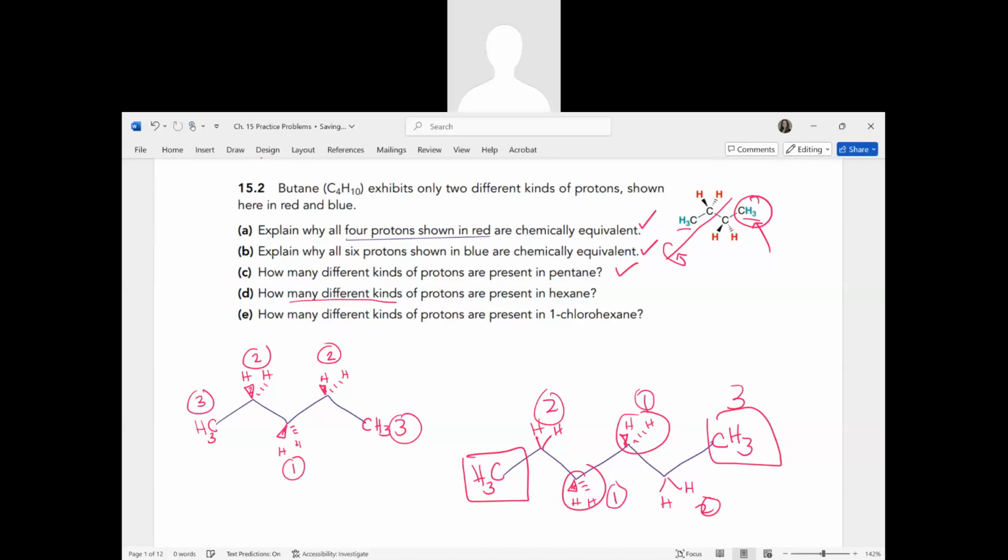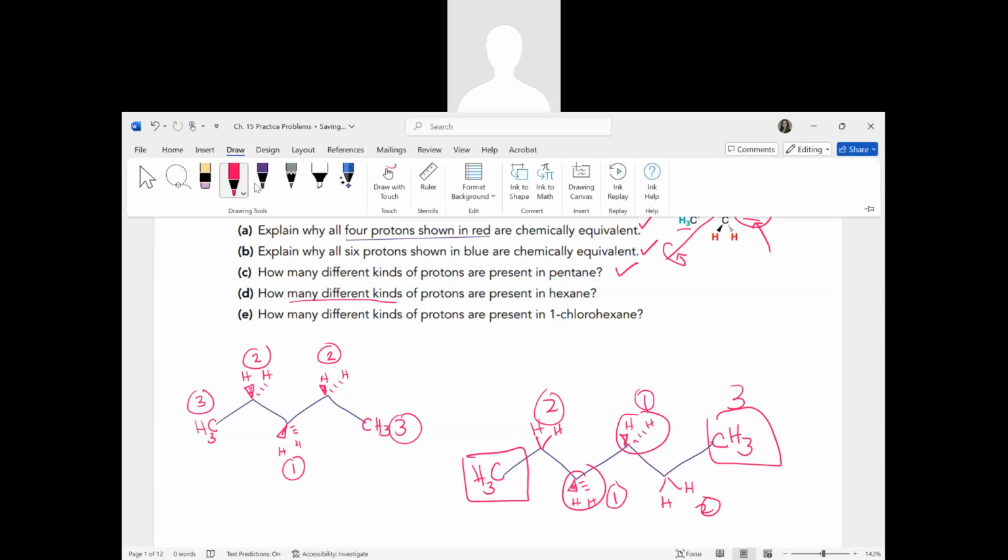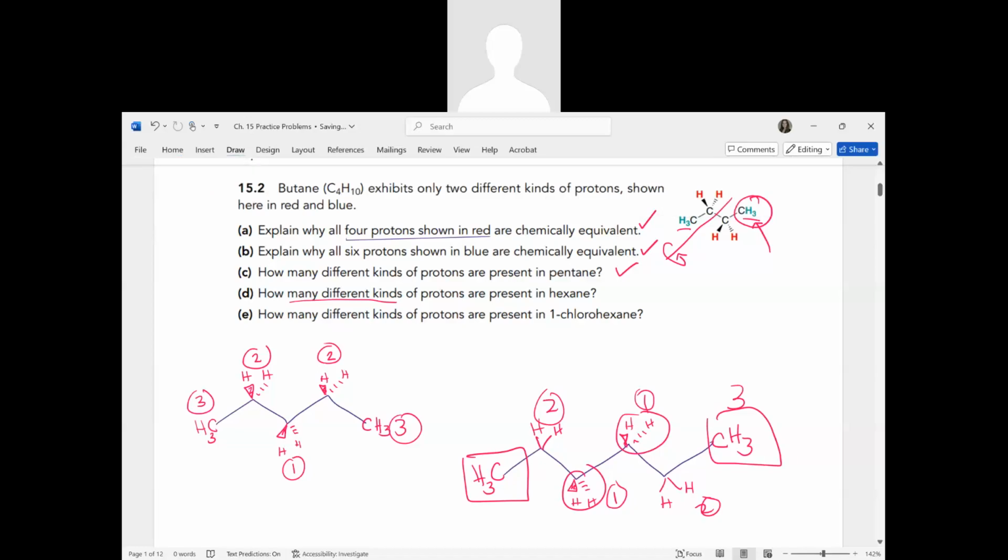So we're asked in part E to consider how many different kinds of protons would be present in 1-chlorohexane. So let's draw that out here. So we have 1, 2, 3, 4, 5, 6 carbons. We have 1 chloro. So this is my carbon 1 shown here.